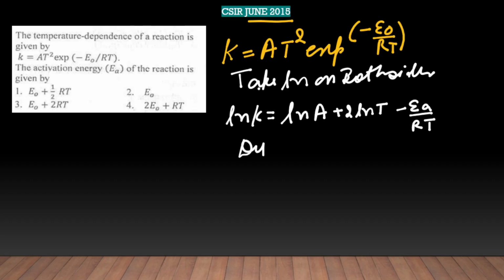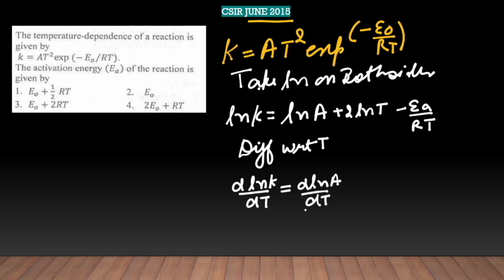Now differentiate this with respect to the temperature. So we will get d ln k upon dT equal to d ln A with dT. This will be equal to 0, because A is the pre-exponential factor, which does not include any dependency on the temperature.